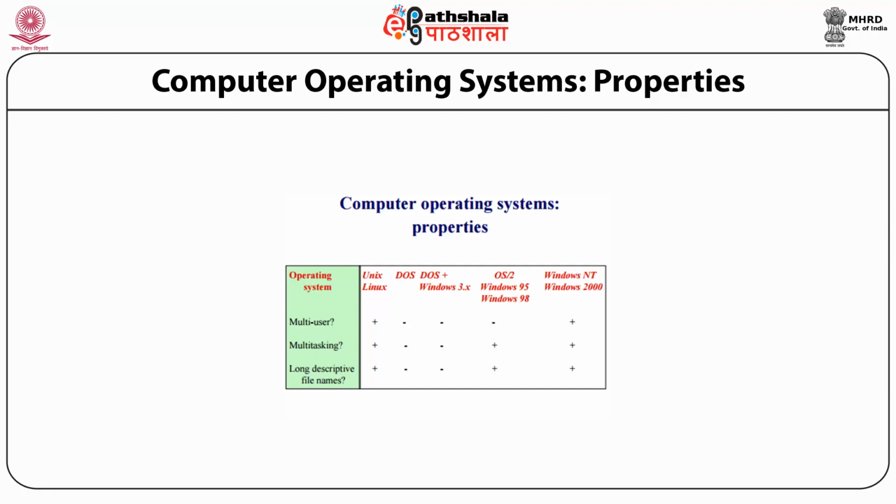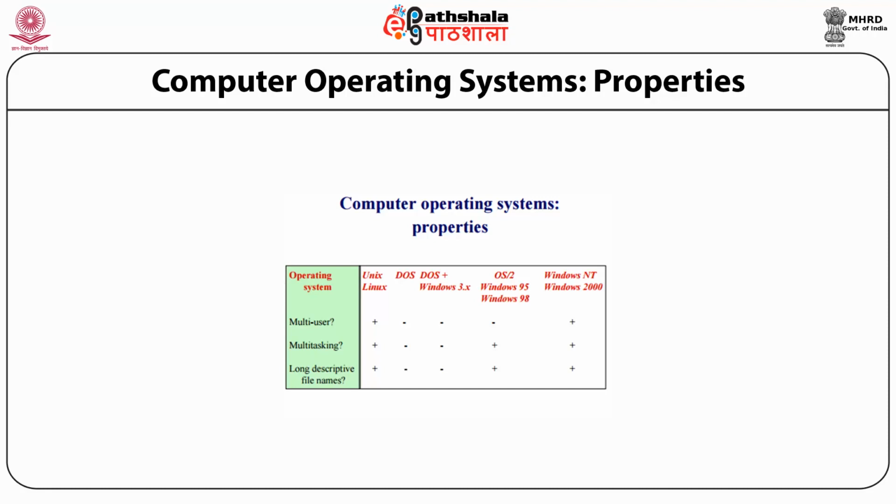If you go to Figure 4, it illustrates the capabilities of various operating systems including Unix, Linux, DOS, Windows 3X, OS/2, Windows 95, Windows 98, Windows NT, Windows 2000. Out of them, Linux or Unix is multi-user, Windows NT is multi-user, Windows NT is also multitasking, Unix is multitasking, and Unix supports long descriptive file names.